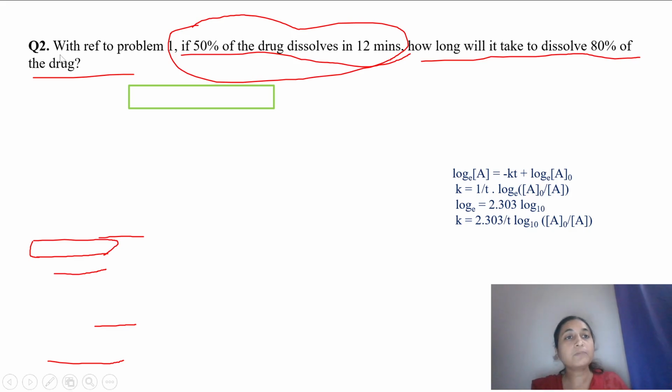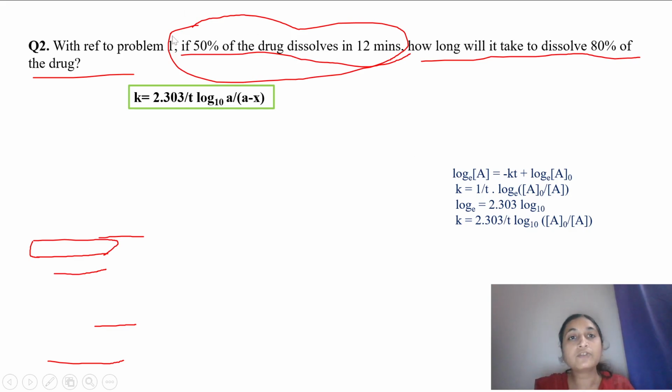So question number 2: with reference to problem 1, if 50% of drug dissolves in 12 minutes, how long will it take to dissolve 80% of the drug? So with reference to problem 1, we will use the first order reaction. So this is the formula: K equal to 2.303 upon T log base 10 A upon A minus X. From where this formula came, you can refer to this.